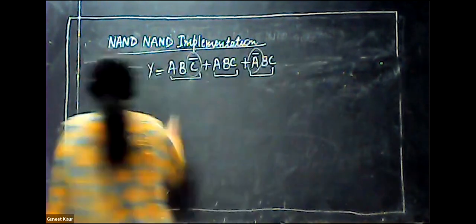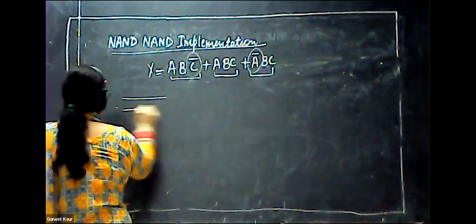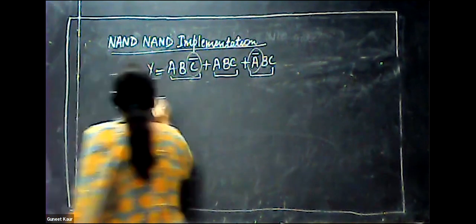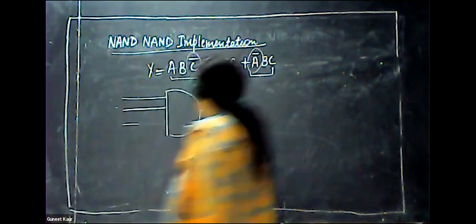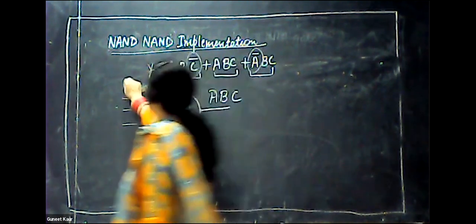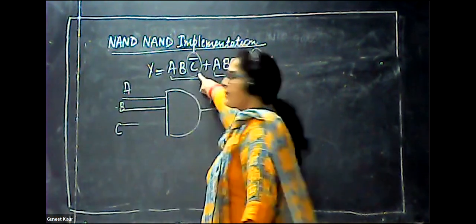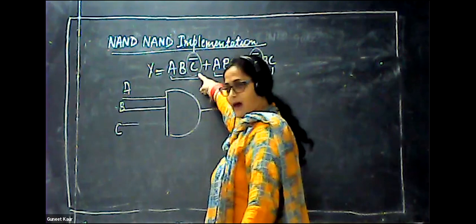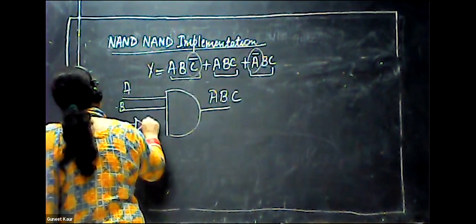Okay. Firstly, I will make this term. How will I make it? I will give three inputs to an AND gate. This will give you A B C. This is A, this is B, this is C. But now you know that you should have C bar. So in this line, you will attach the inverter.